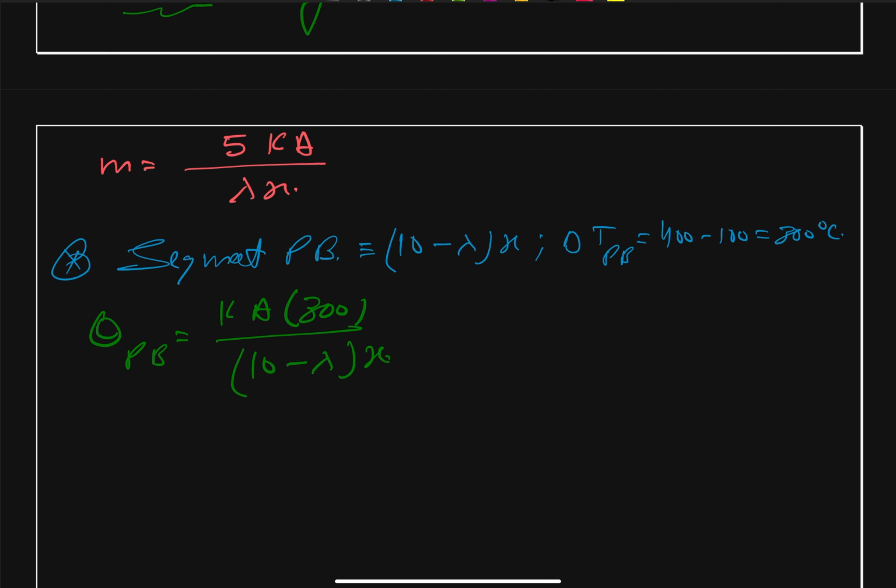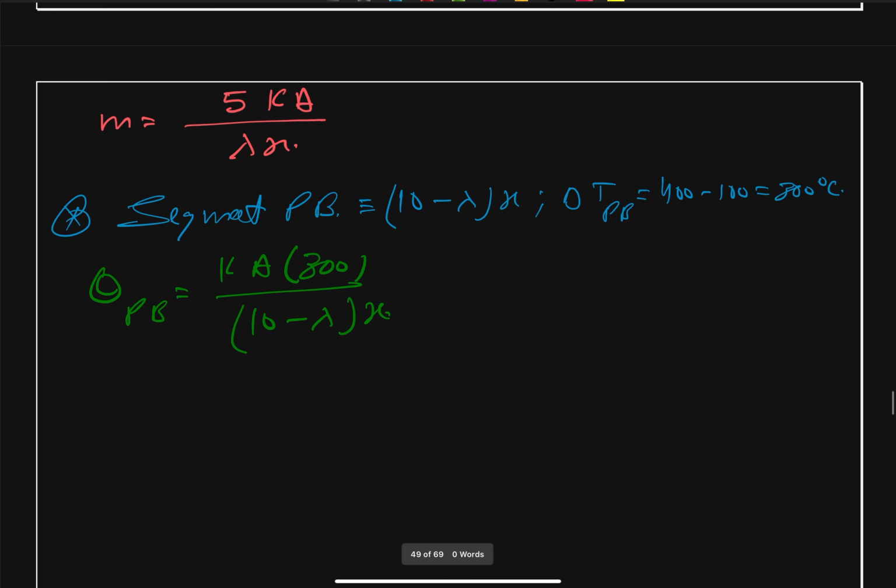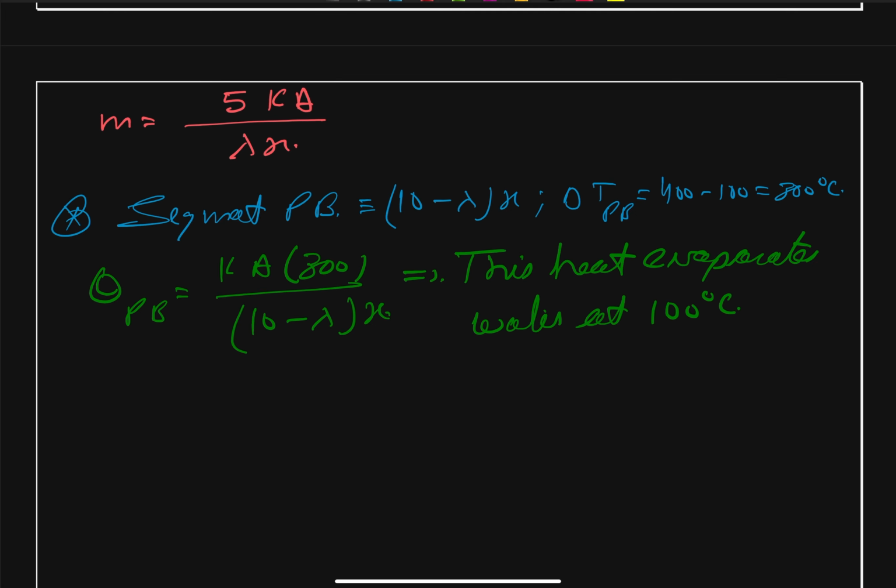Now this heat is used for evaporation. So we can say this heat evaporates water at 100 degree centigrade.